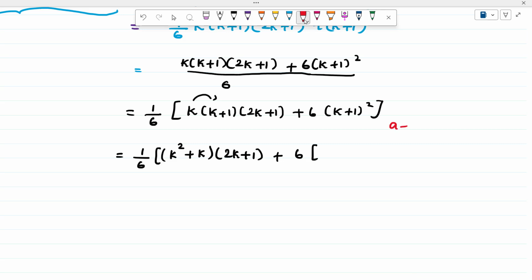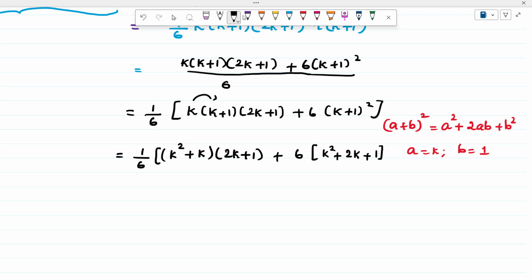The formula for a plus b the whole square is a square plus 2 into ab plus b square. Here in the place of a it is k and in the place of b it is 1, so just replace that value. Therefore a square is k square plus 2 into ab, 2 into k into 1, plus b square, 1 square, the value is 1.